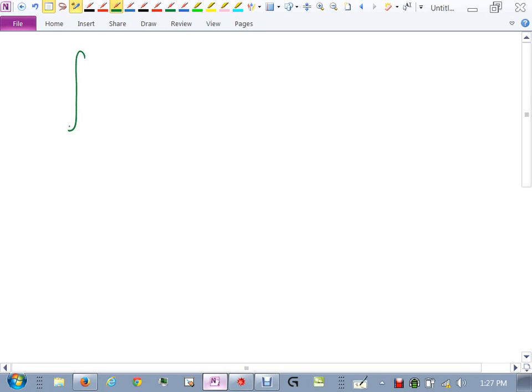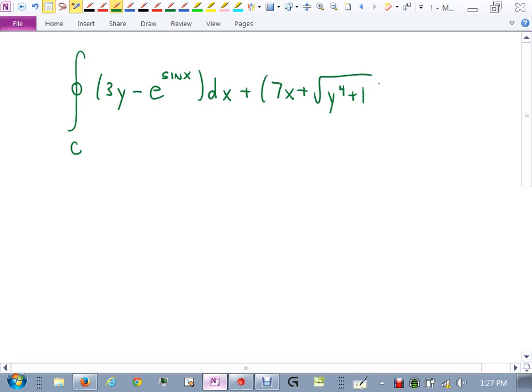We have a line integral over this closed curve, 3y minus e to the sine x dx plus 7x plus square root of y to the 4th plus 1 dy. C is not the unit circle, it's the circle centered at the origin, radius 3, right?